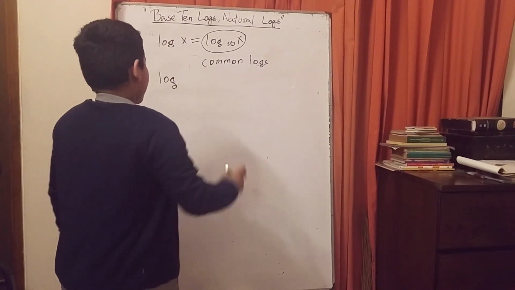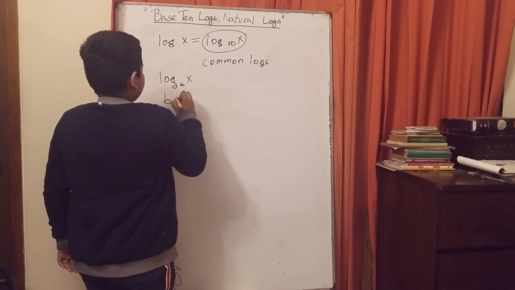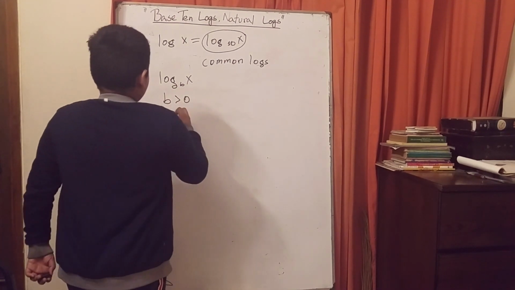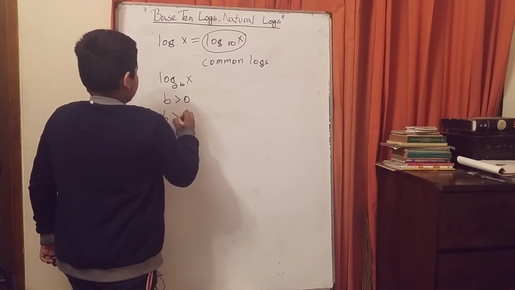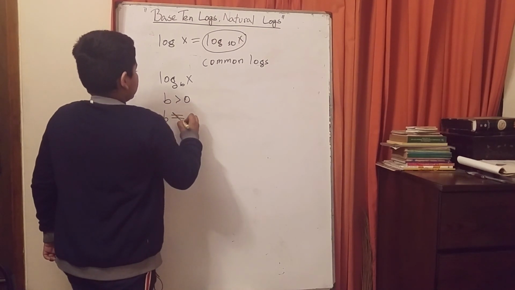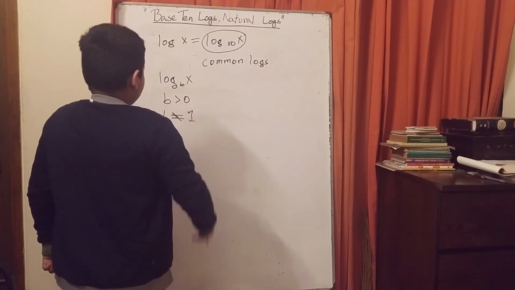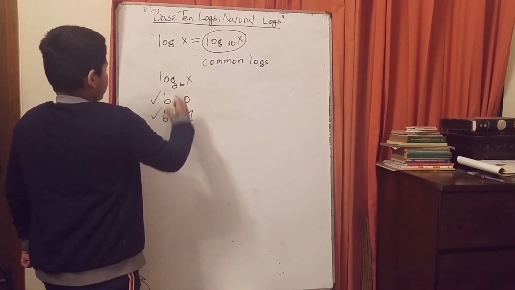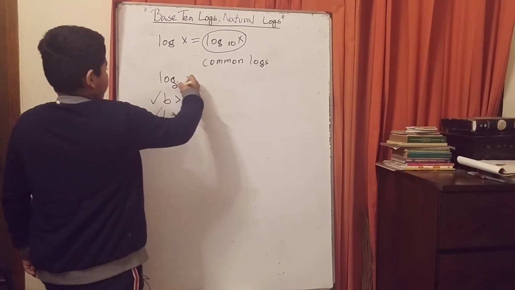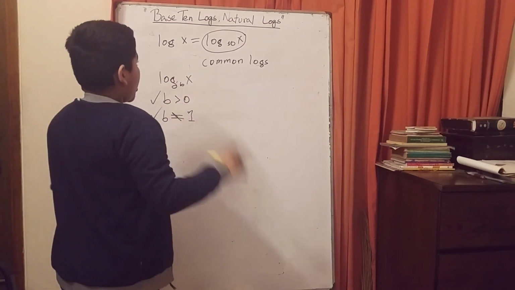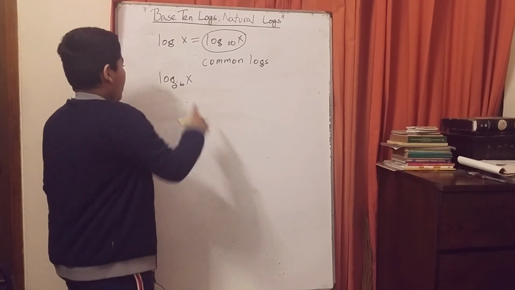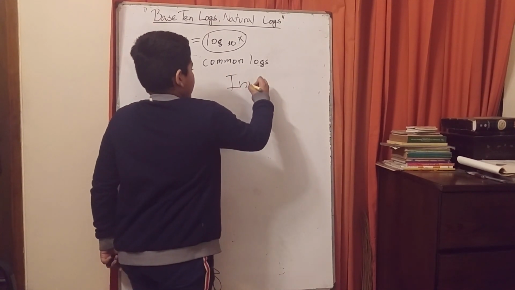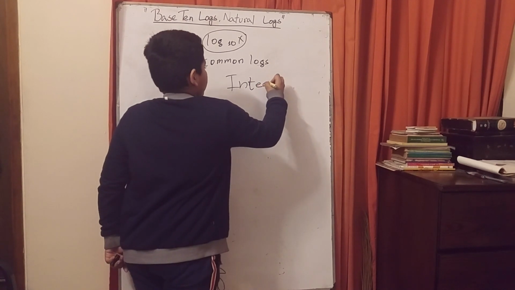Logs are not only base 10. Basically, all you need for the base is it to be greater than 0 and the base not to be equal to 1. These two in mind, if it fills both, then it will be a valid logarithm. Not only 10. Plus, the log base does not have to be an integer.